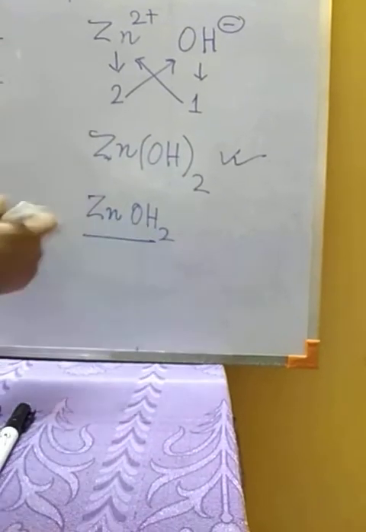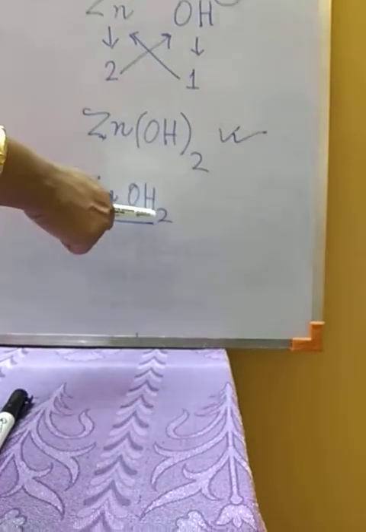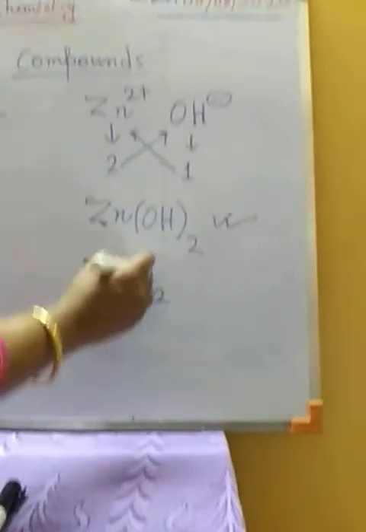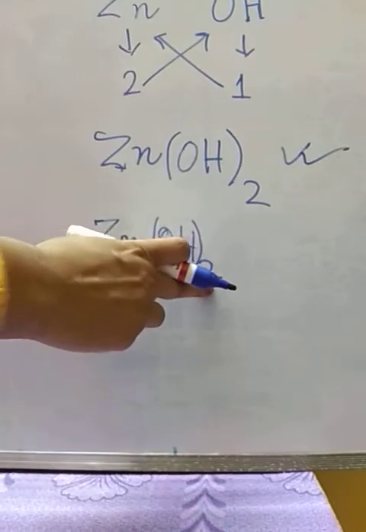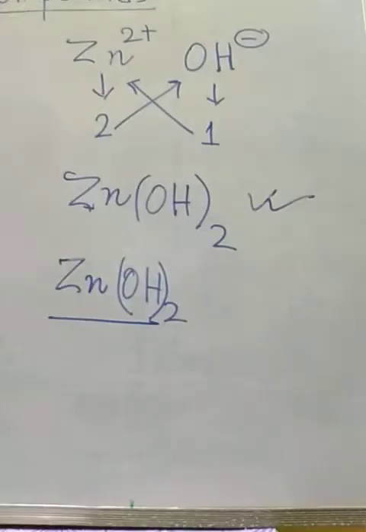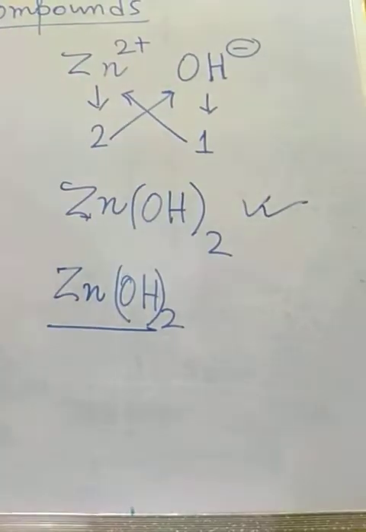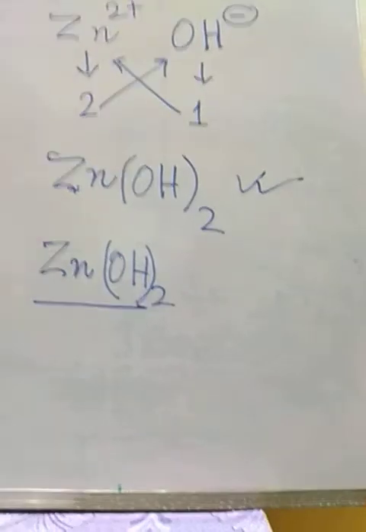Generally you make this mistake and write this 2 with hydrogen only. But hydroxide is together, both oxygen and hydrogen. This valency of zinc will go to both oxygen and hydrogen. So hydroxide all together is a single unit, and for that you have to give this bracket.